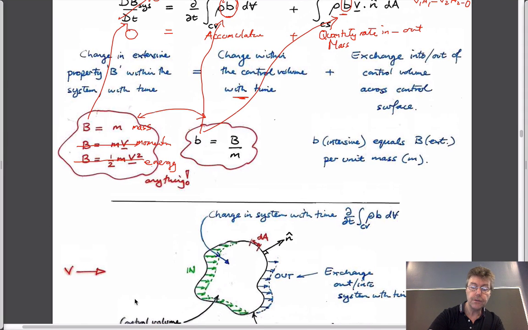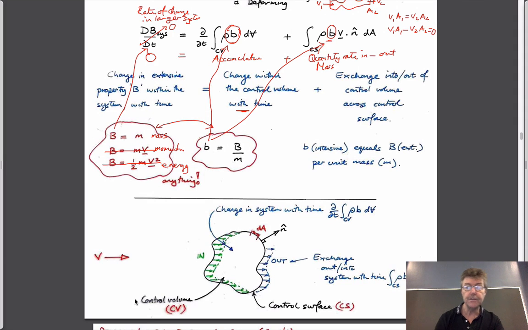So let's again talk about this in terms of physical description of what's going on. Well, if we dissect what an integral means, an integral you could also write as a summation, right? So in our particular case, b is equal to mass over mass.